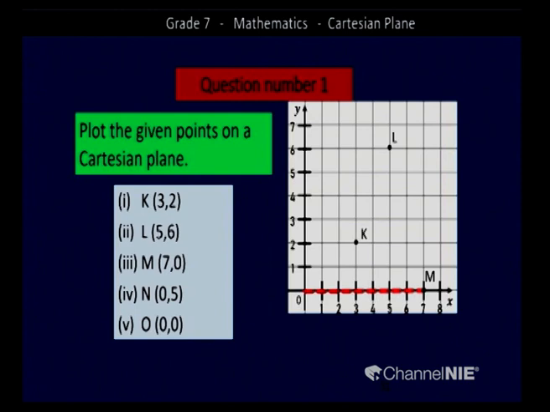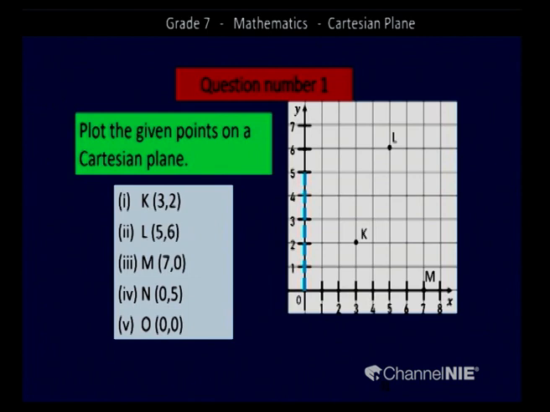Right. Next one, point N, the coordinates are (0, 5). Once again, here the x coordinate is equal to 0. Therefore, we have learnt that it should lie on the y axis. Therefore, I should not move on the x axis, I should move 5 units towards the y axis.